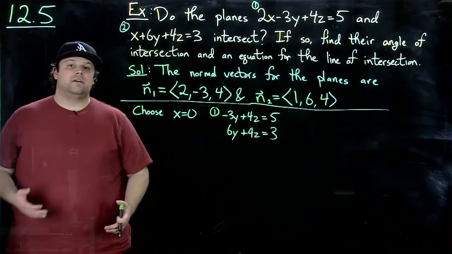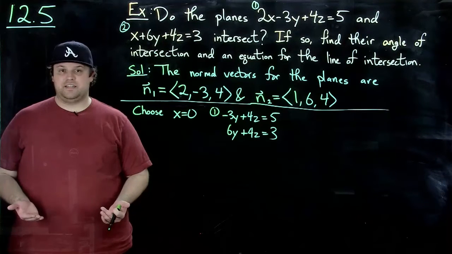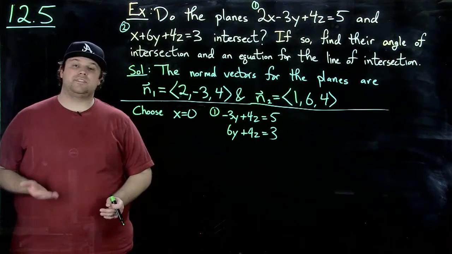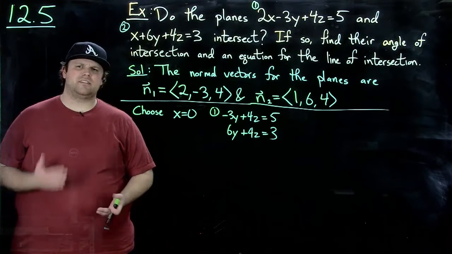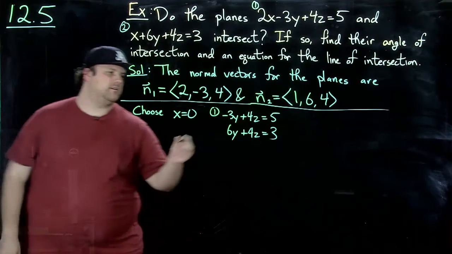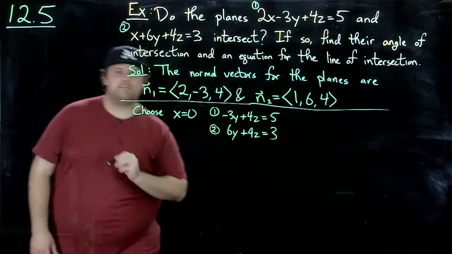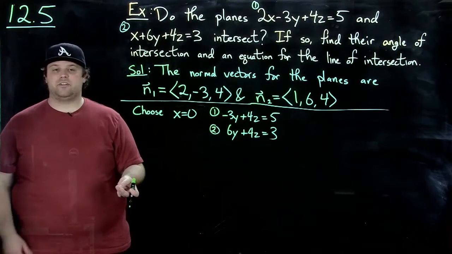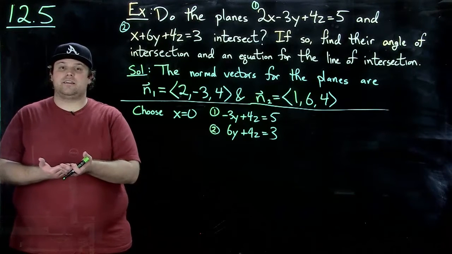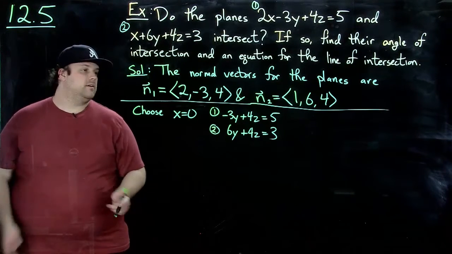Right? So now we just have to find a solution of this. There's a 4z in both of those equations, so let's subtract them from each other, and then we can get an equation with just y's in it.